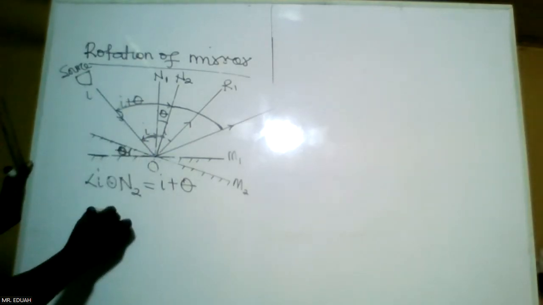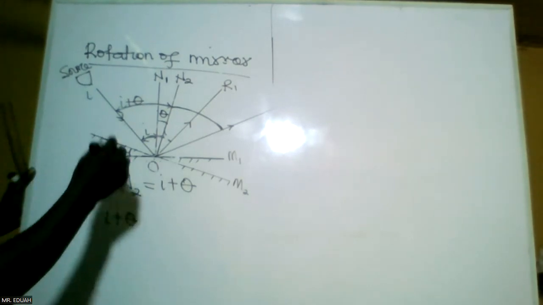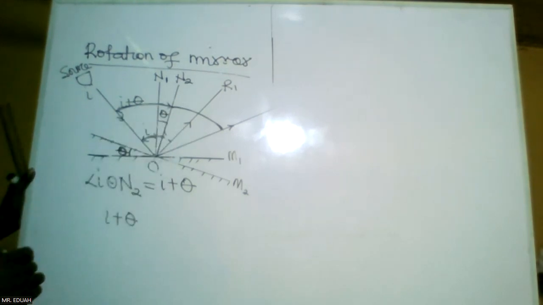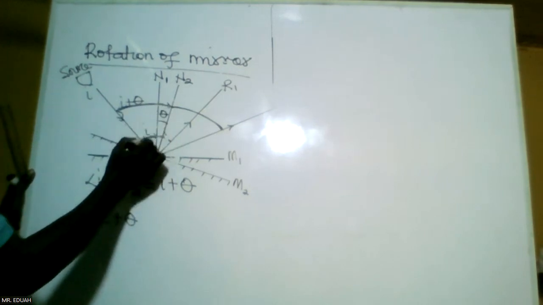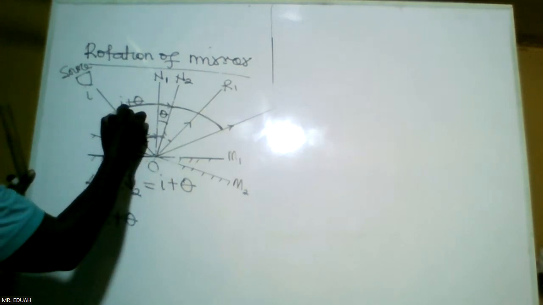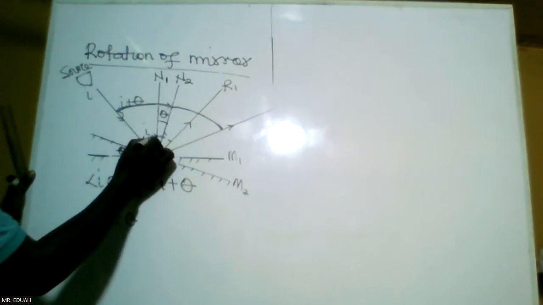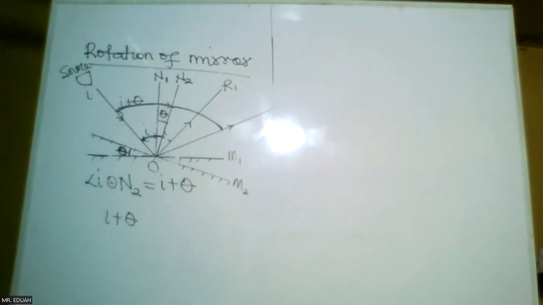I plus theta is the second angle of incidence after the mirror is rotated. After rotating the mirror through an angle theta, the new angle of incidence is the old angle of incidence I plus the angle of rotation theta.